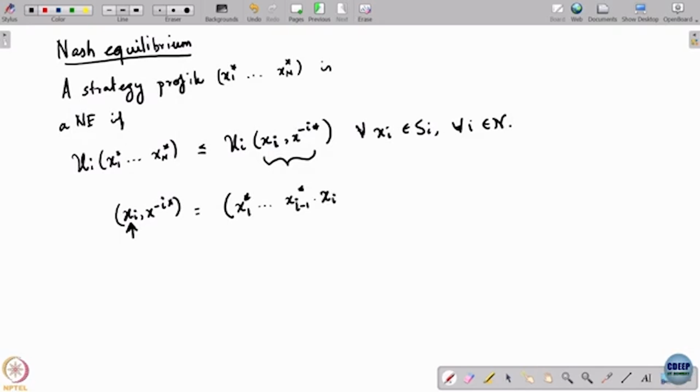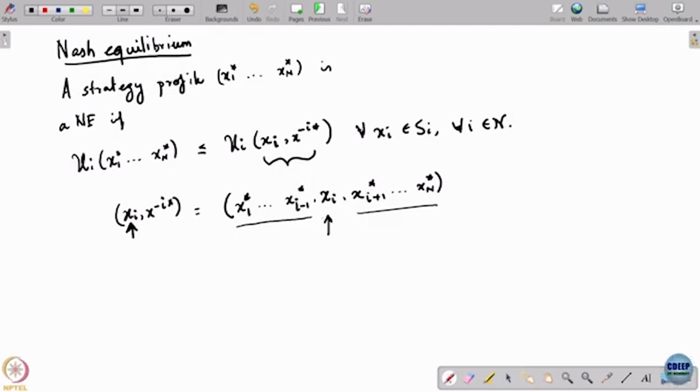So, this is xi, then x i plus 1 star, dot dot dot, xn star. So, xi, x minus i star is essentially this composite vector where I have taken the starred values for all players except for player i, and in place of player i's strategy I have put in this xi that is chosen from here.